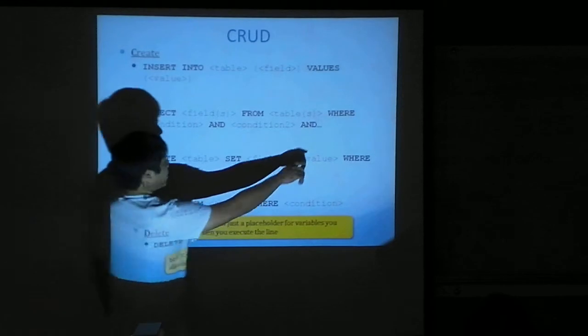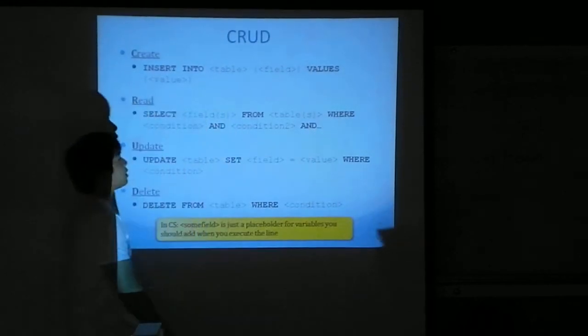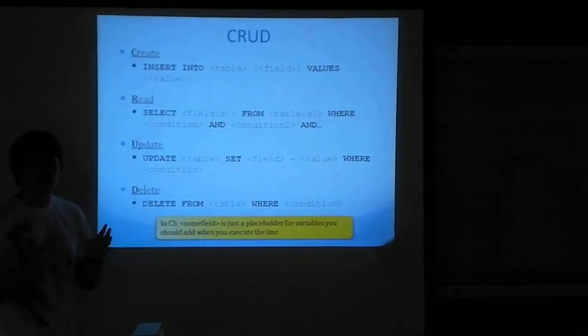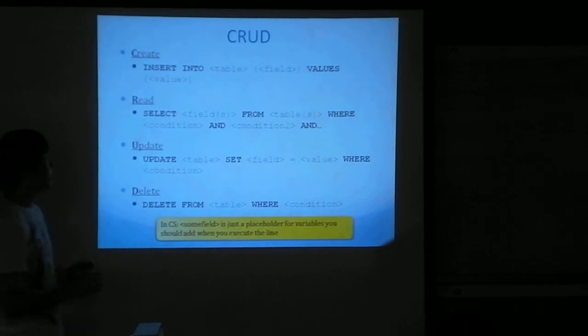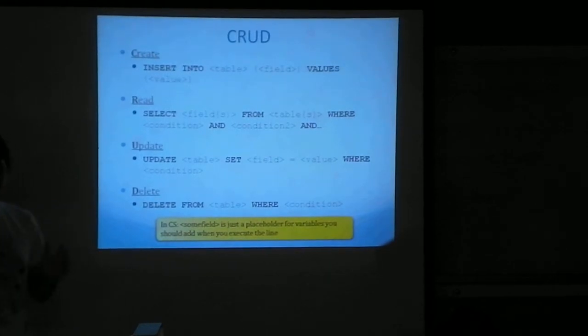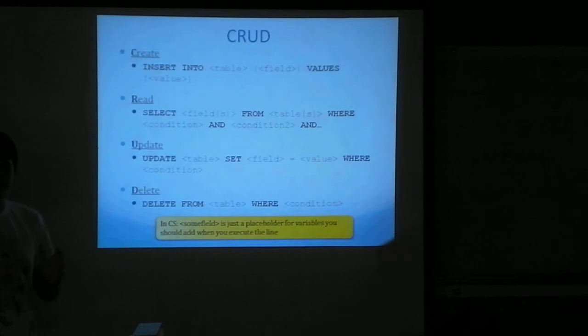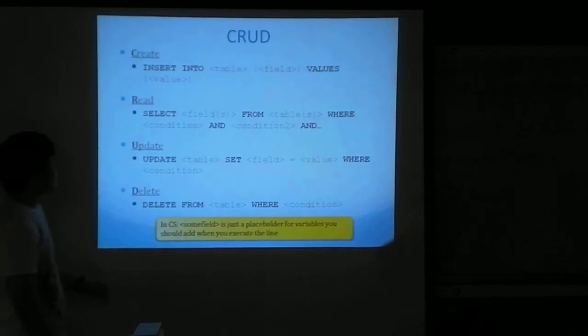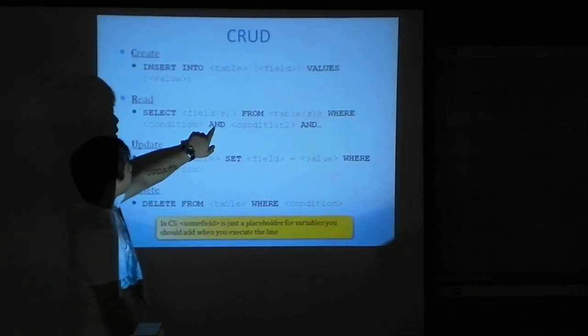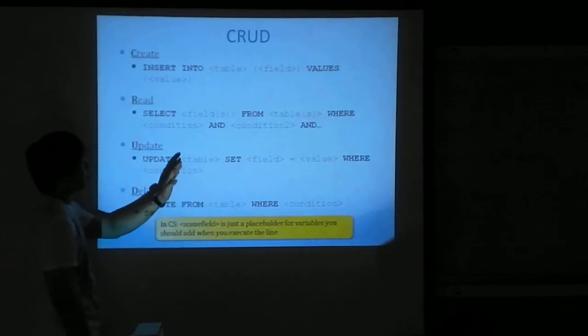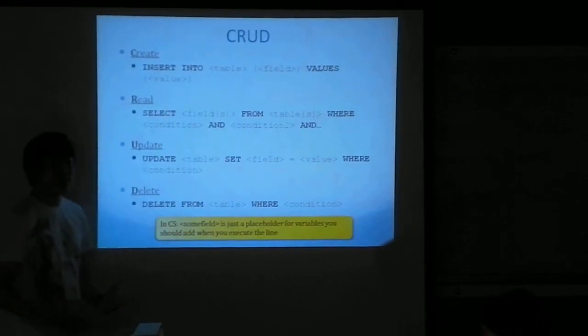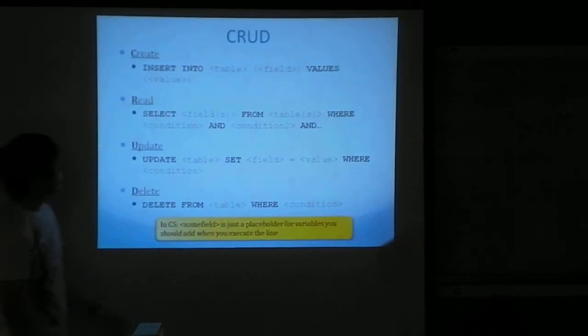Then you have this keyword WHERE, which allows you to supply a condition. That condition allows you to be more specific about which rows you're selecting. And you can also have an AND keyword that can add extra conditions to what you're trying to look for.